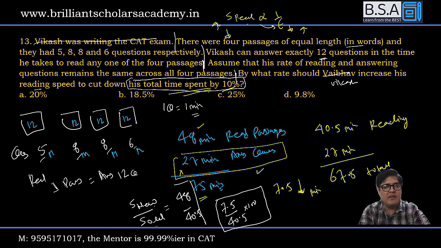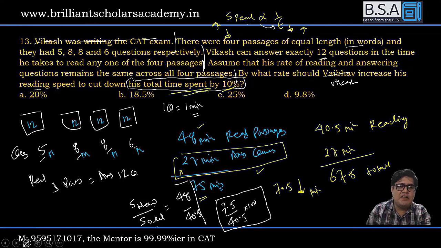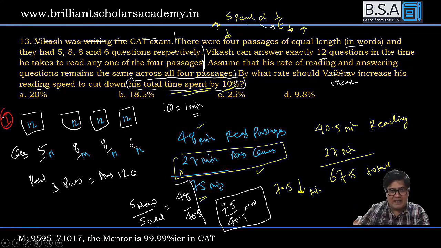Everyone confirm the answer. Now what I will do is mark these steps. The first step is understanding the problem. I'm highlighting that in red color. The first step is understanding the question: how 4 passages are given, how the questions are 5, 8, 8, 6, how reading one paragraph is equal to 12 questions.